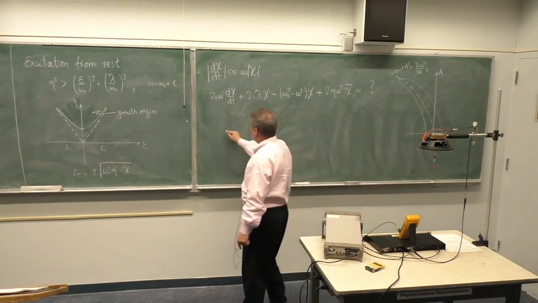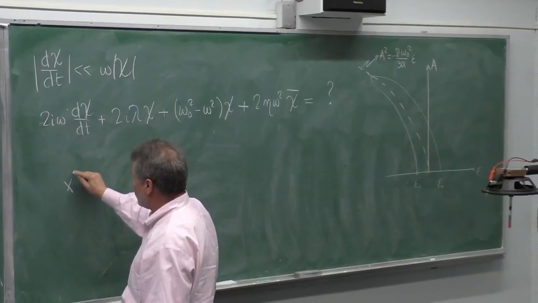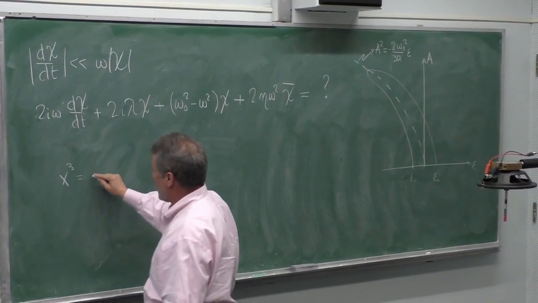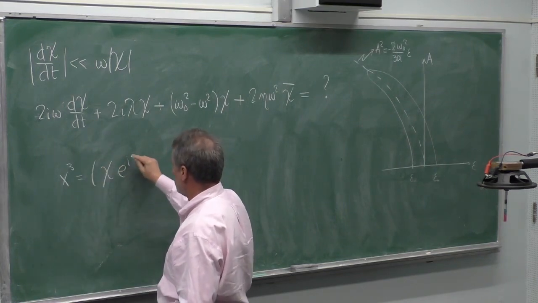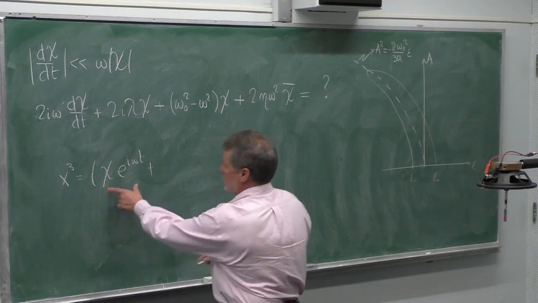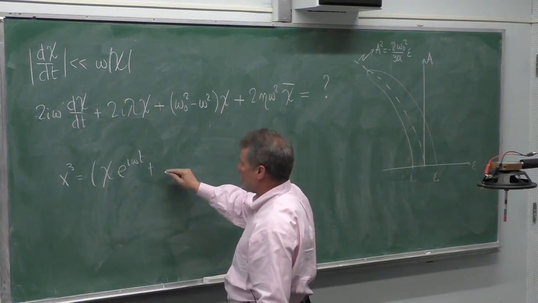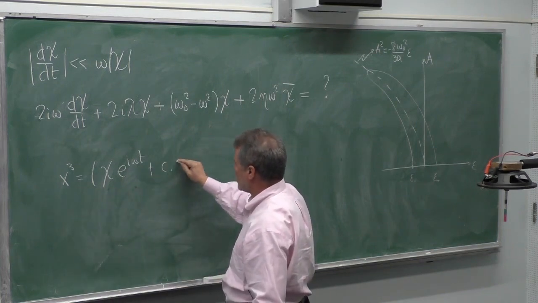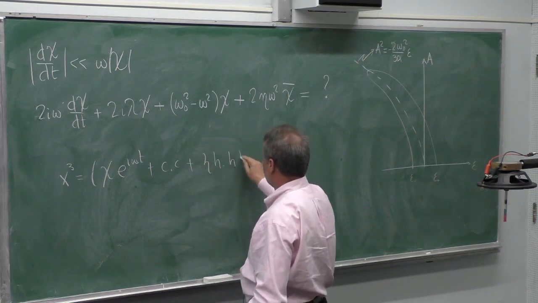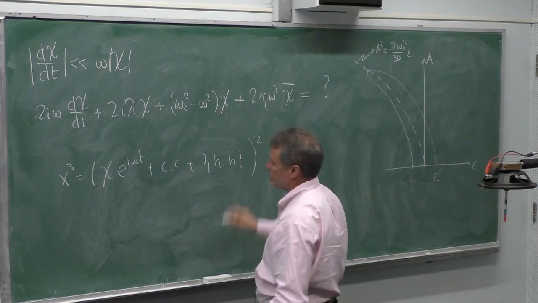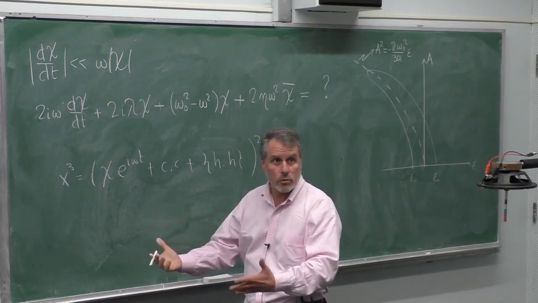By cubing x, we're going to have the cube of χ e^{iωt} plus its complex conjugate plus higher harmonics. We just do term by term.